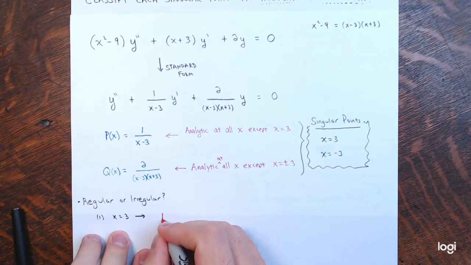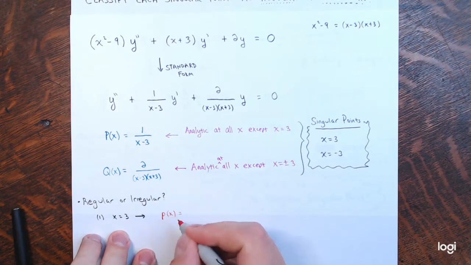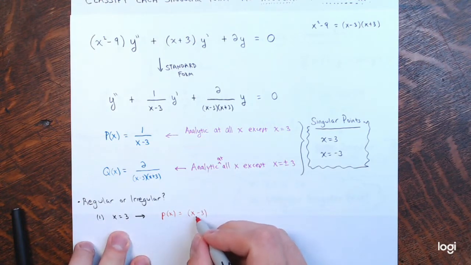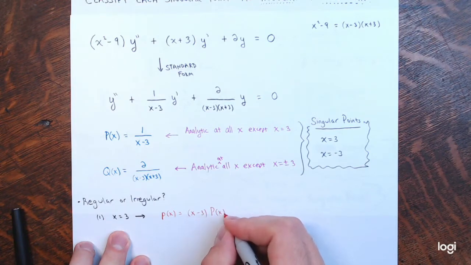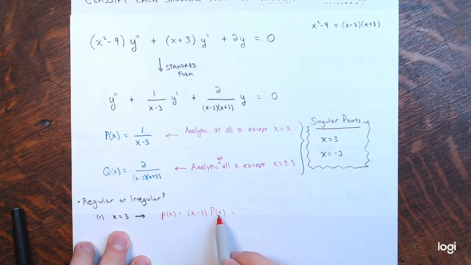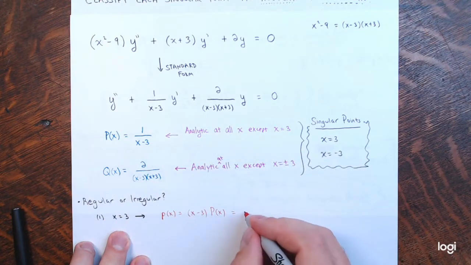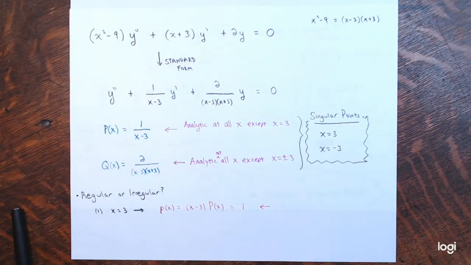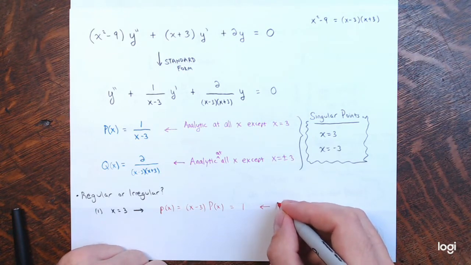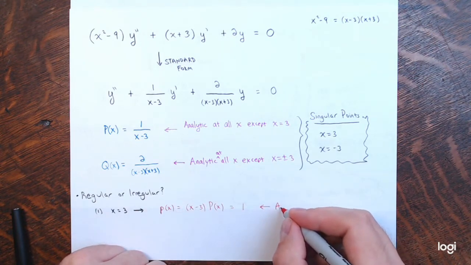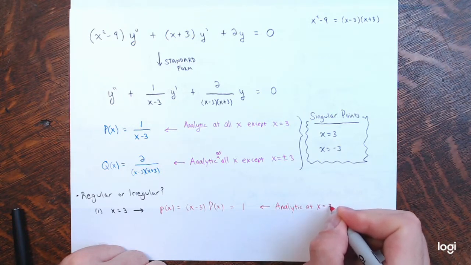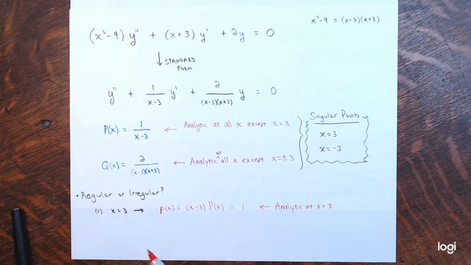Little p of x would be x minus 3, to the first, times capital P of x. If I do x minus 3 times capital P and simplify, that would just be 1. That ends up being just a straight up polynomial, which is analytic everywhere, so it's definitely analytic at x equals 3. So far, it's looking like it might be regular.